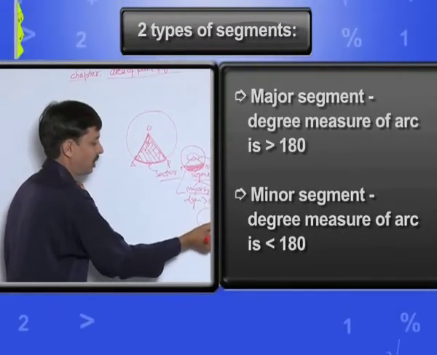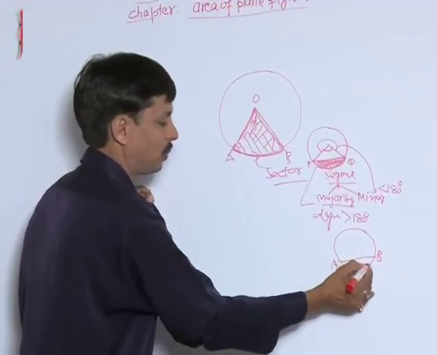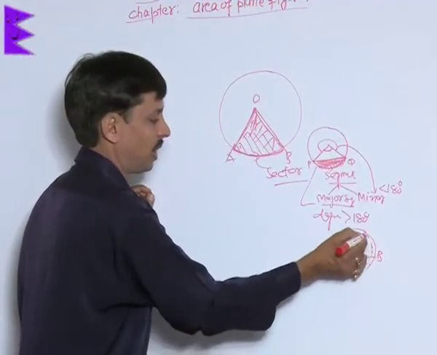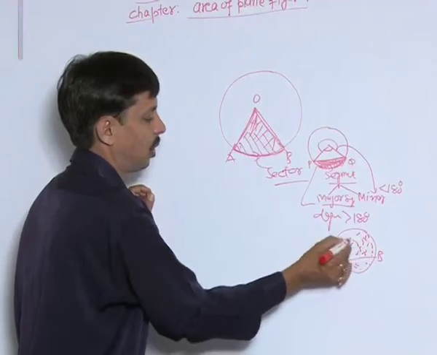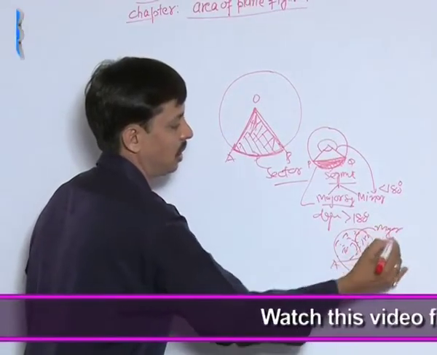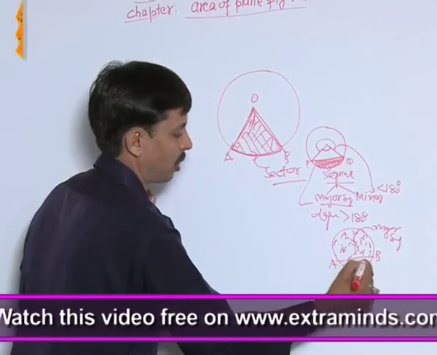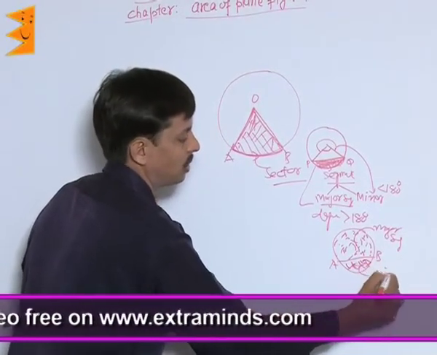I am showing here by an example that AB is a chord and this is the minor segment, whereas the remaining part of this circle is the major segment. This lower one where I am putting crosses is the minor segment.